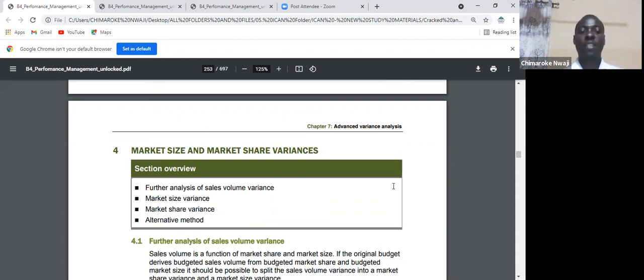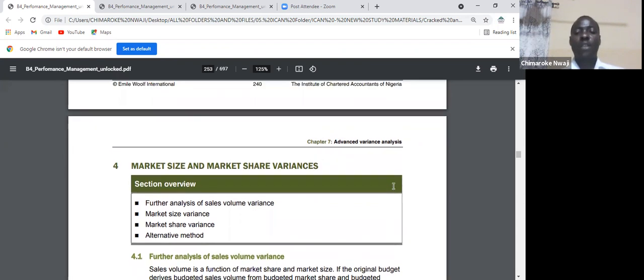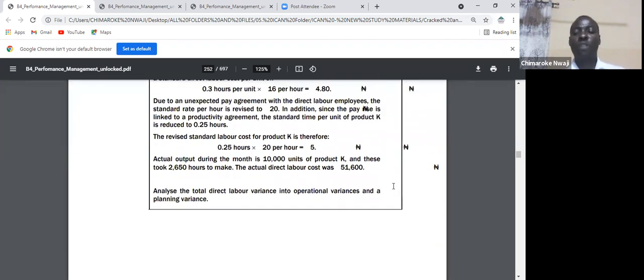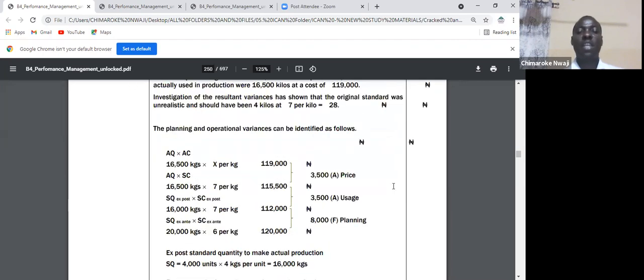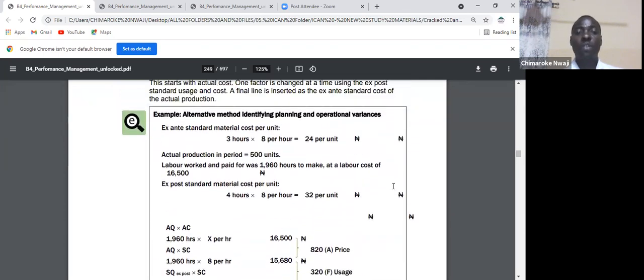So I don't want to rush through all of these because rushing them will defeat the purpose. So for now, the advanced variance we looked at is direct material usage variance, which can be split into two: direct material mix variance and direct material yield variance.